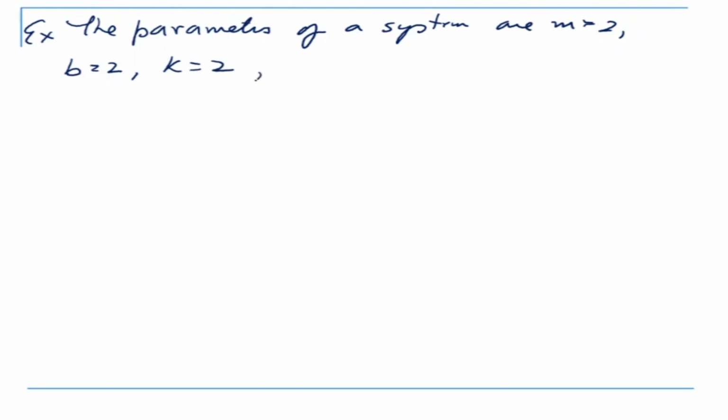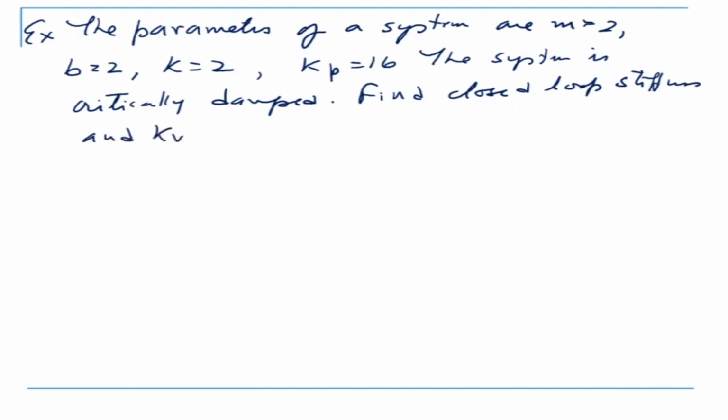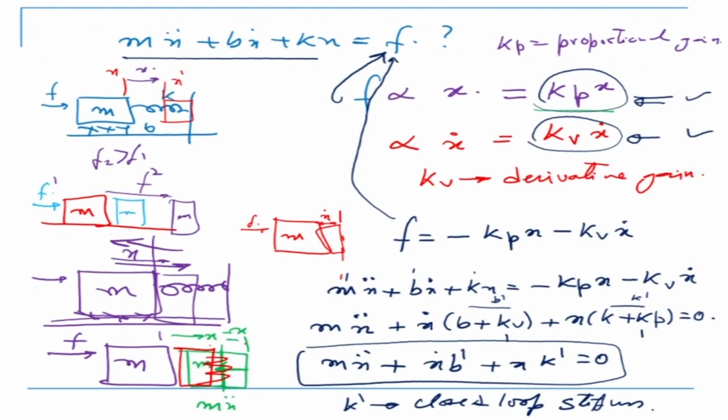Now for kp equal to 16, the system is critically damped. So what we are asked to find is the closed loop stiffness and the corresponding kv.